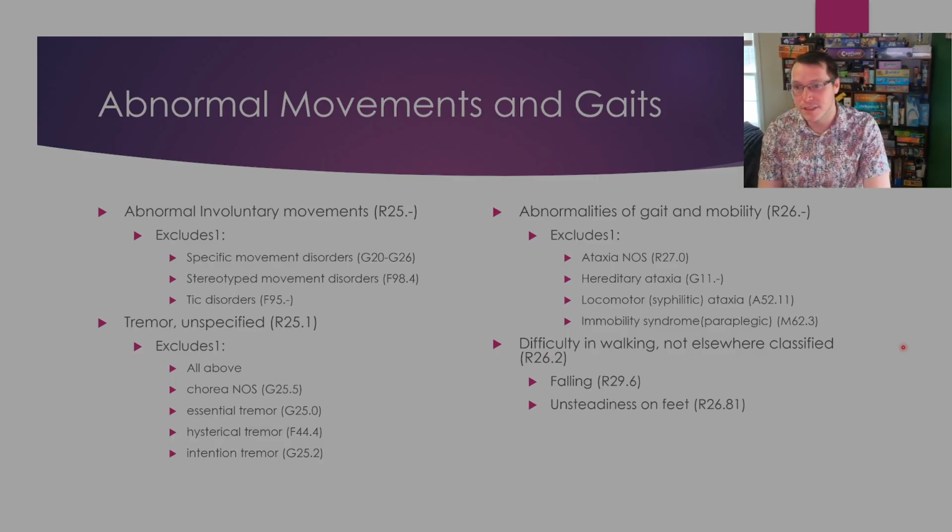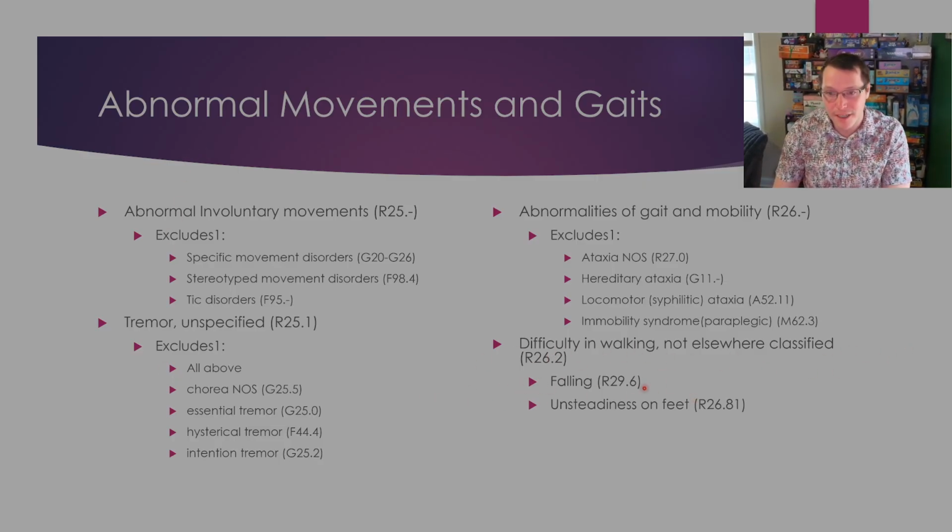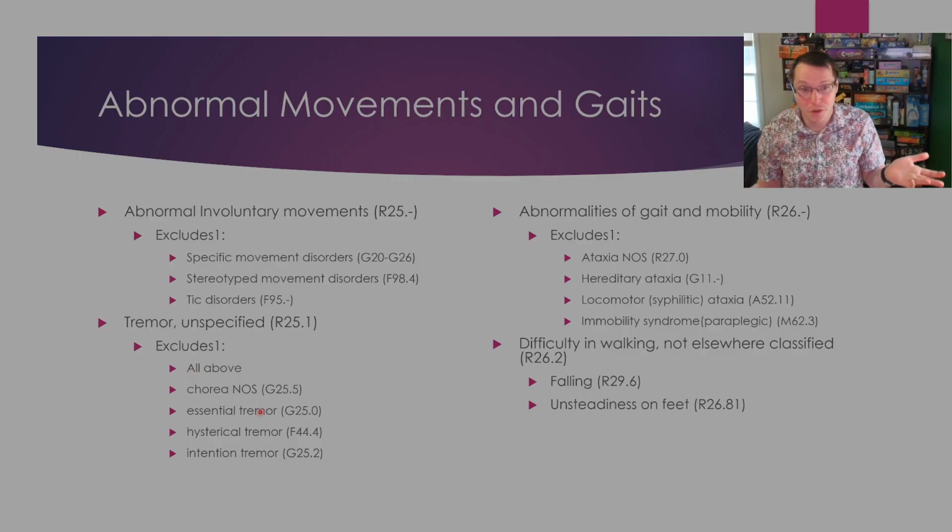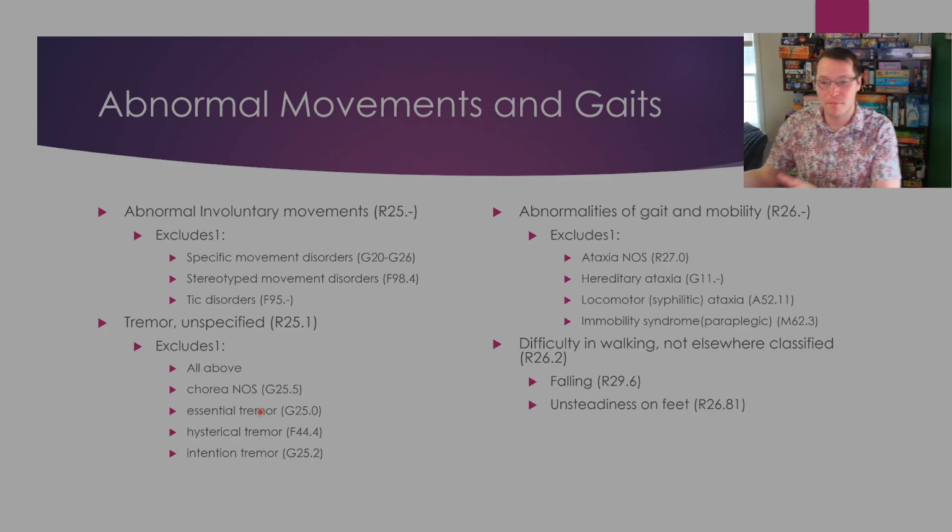And then difficulty in walking, not elsewhere classified, is going to be excluded by the falling code. This is the recent falling code, so just make certain you use one or the other depending on the circumstance of what's going on. And then tremors unspecified is going to obviously exclude actual tremor codes. So just keep going back to that.